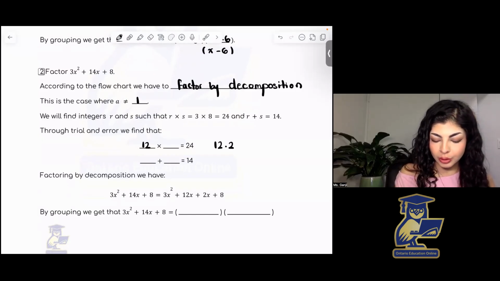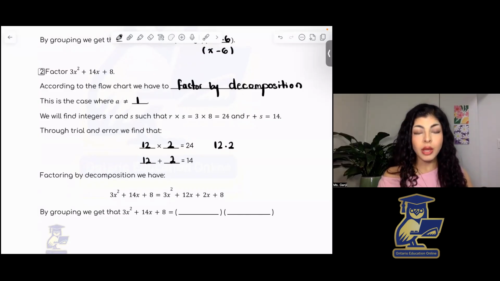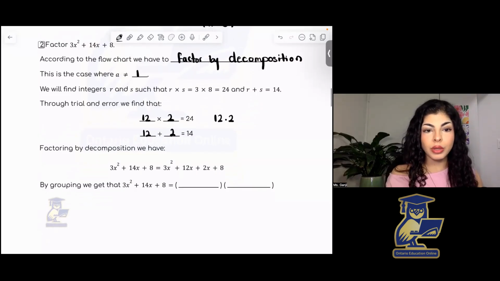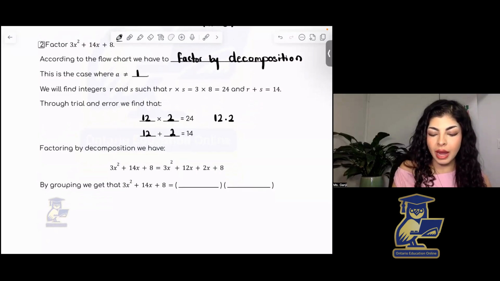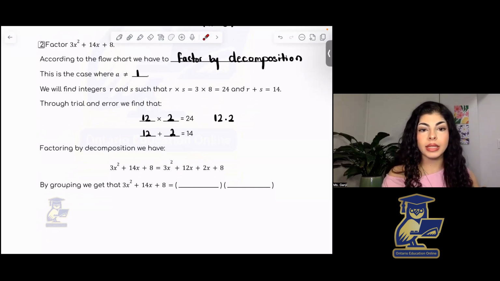So 12 times 2 is 24, and 12 plus 2 is 14. So factoring by decomposition, we're going to take that 14x term and write it as 12x plus 2x.